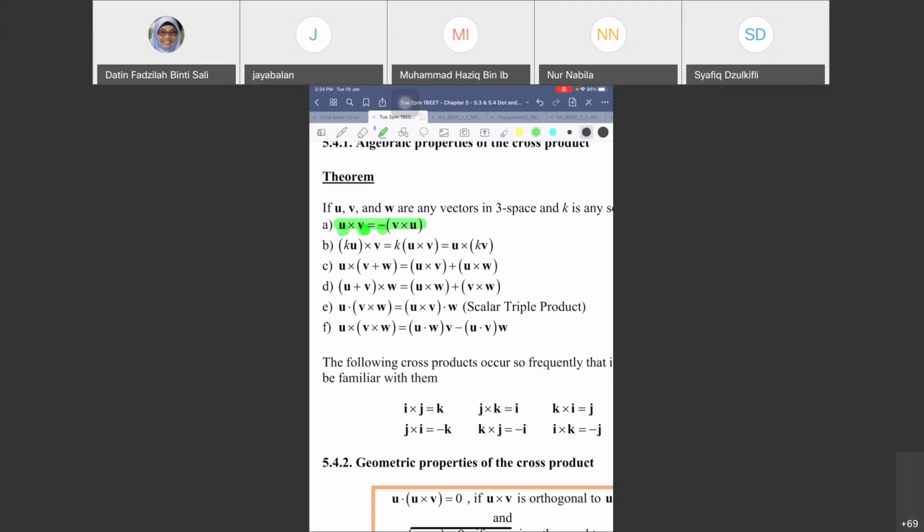When we say u cross v, we put our hand on vector u, and then we curl our fingers towards vector v. So the thumb pointing upward is the cross product u cross v. However, if this is again u, this is v, and we say v cross u, our thumb is pointing downward. That's why we have negative. That is where you have this negative sign here.